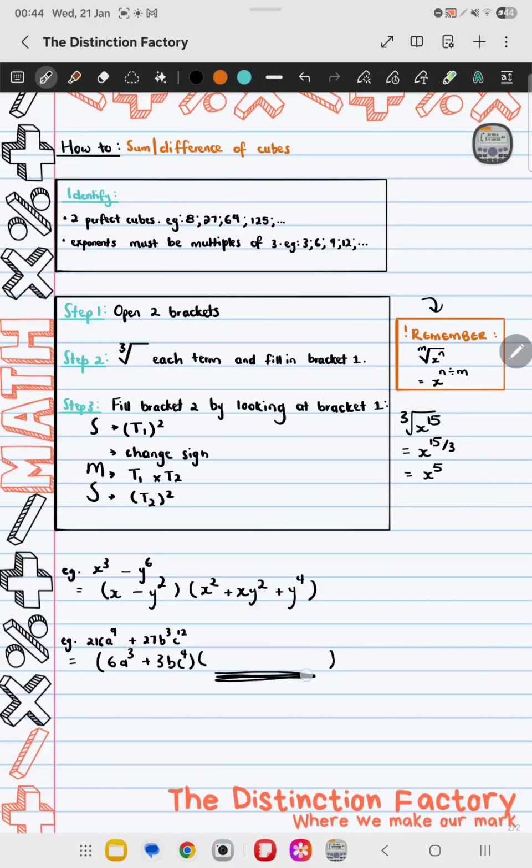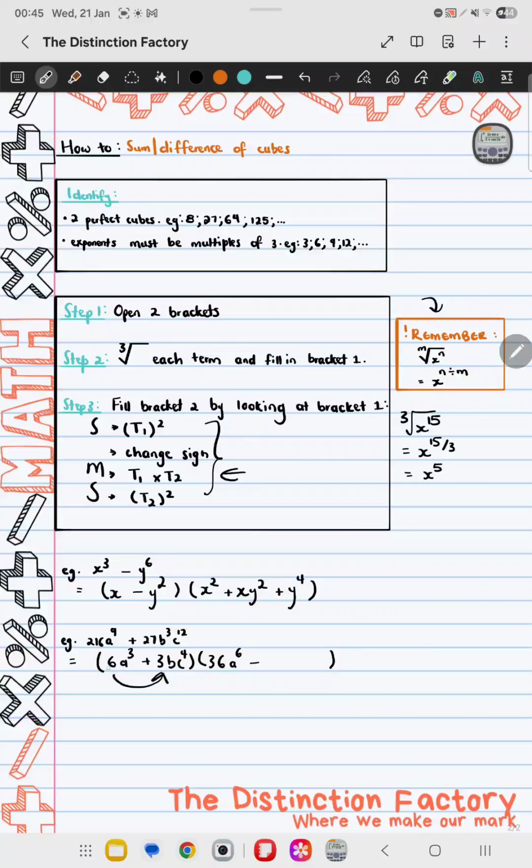Now we can fill in our second bracket by looking at step 3. We need to square our first term. So that becomes 6 squared, which is 36. A to the power of 3 times that little 2 that we've got there, so a to the power of 6. Then we need to change the sign, so instead of a positive, we will write it as a negative. And we need to multiply each of our terms together.